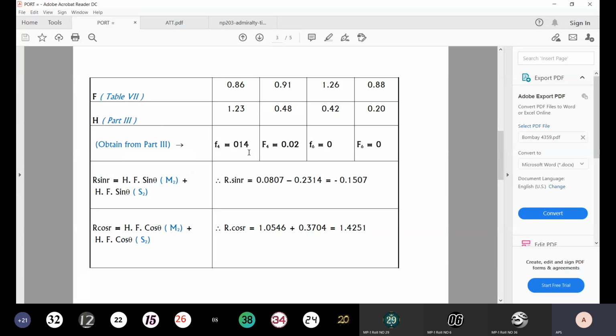Once you have written down this data, 0.14, 0.02, 0, 0, then come to the next row.